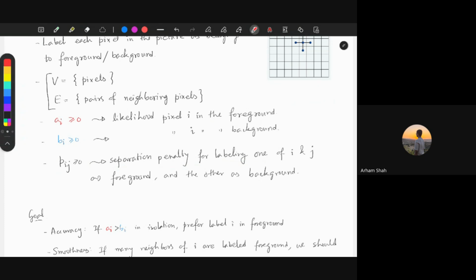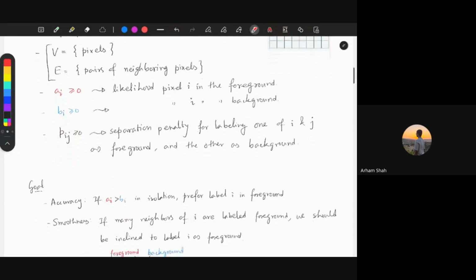So if you by mistake label a foreground pixel with a lower value and a higher value in b_i, then there can be higher penalties like this.